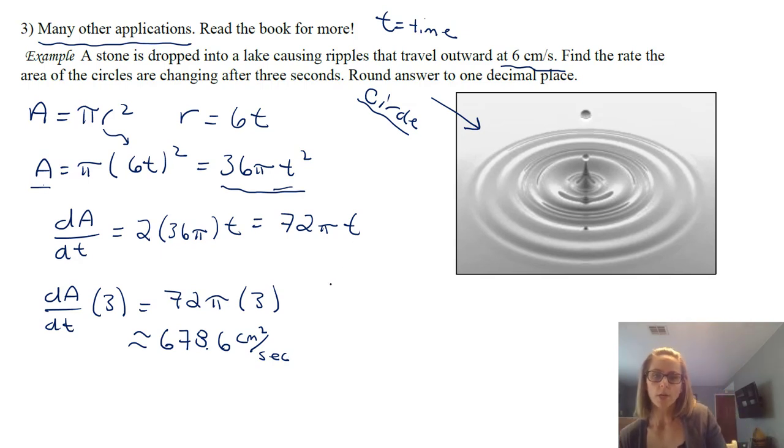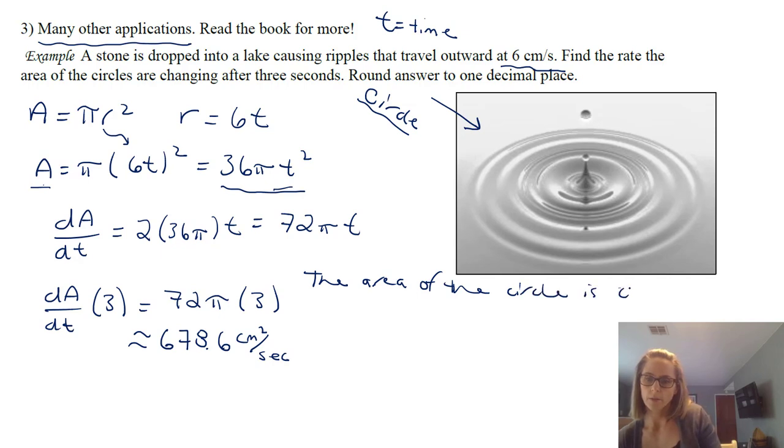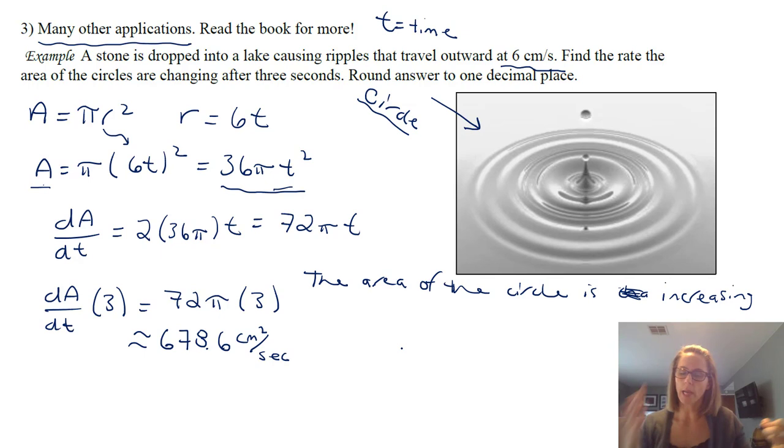Okay, so now we can just answer the question. The area of the circle is, I should say, increasing, only because there is the chance that you could have a situation, not in this case because the ripples are going out, where things are getting smaller.